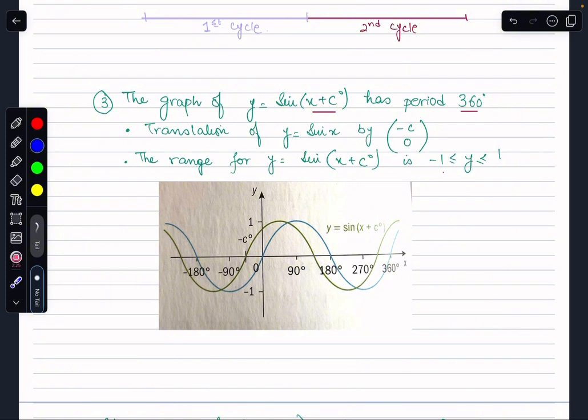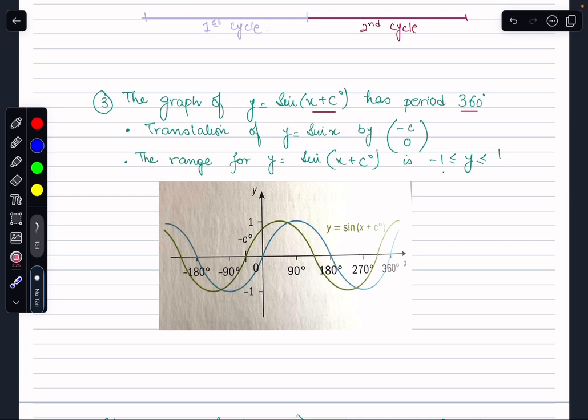But then if we have sine of x plus c, then all the values of sine of x are just getting translated horizontally by minus c, and this is how the graph shall be getting translated here with respect to the c values.